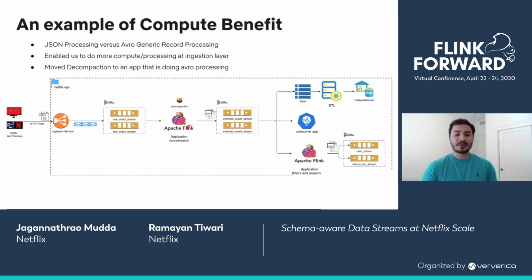With more headroom in the Flink app, we moved the decompaction phase of our pipeline from ingestion layer to the Flink application itself. Now that the ingestion service is working with compacted events, it leads to a smaller CPU and memory footprint. We have also reduced the Kafka message volume between ingestion service and the Kafka cluster by around 15x.